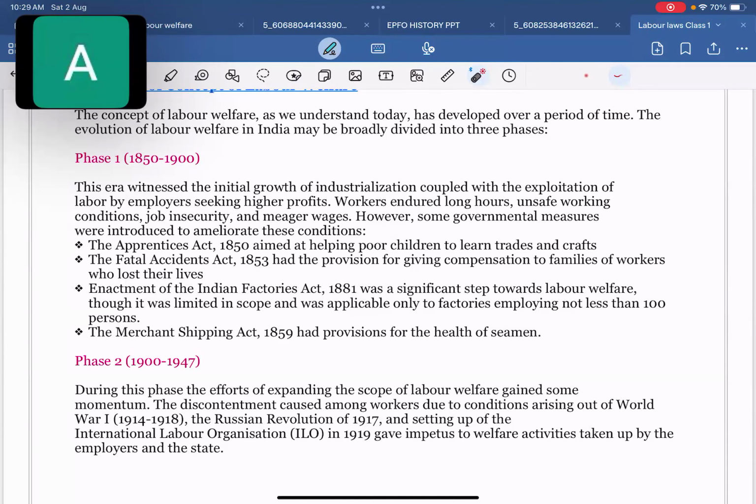Okay. The Apprentice Act 1850 aimed at helping poor children to learn trades and crafts. The Fatal Accident Act 1853 had the provision for giving compensation to families of workers who lost their lives. Remember what I have written, it is very concise. So just try to remember this.